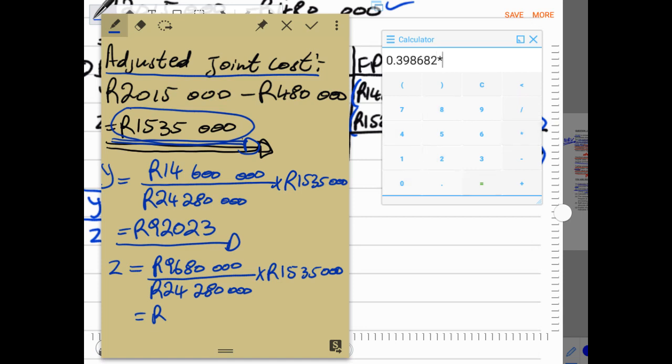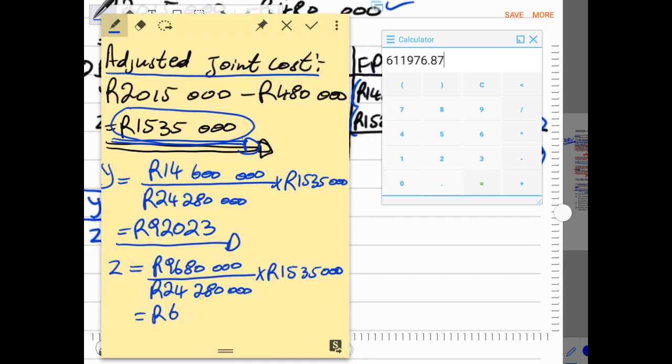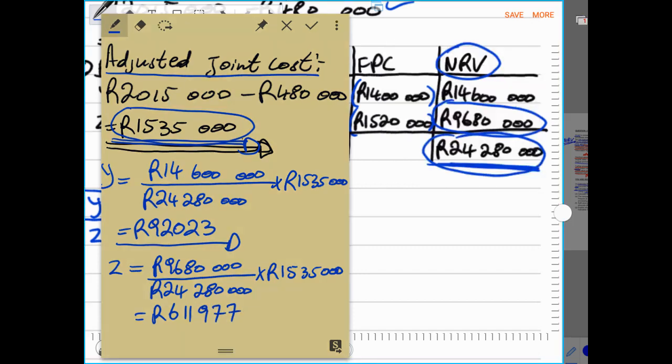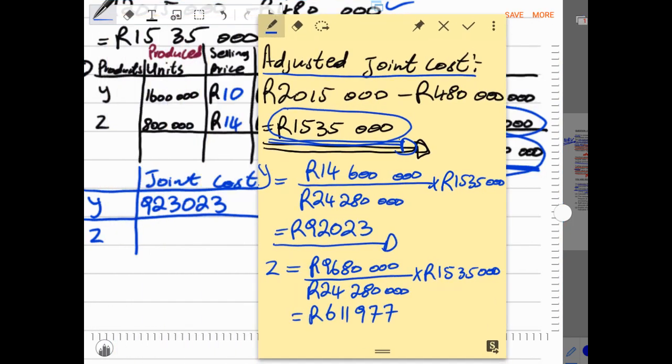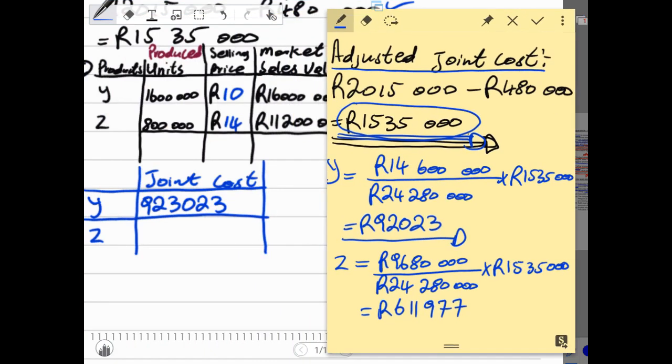Then after we multiply that by 1,535,000, and this will give us 611,977. Therefore, this will be the amount of the joint cost that will be allocated to product Z.